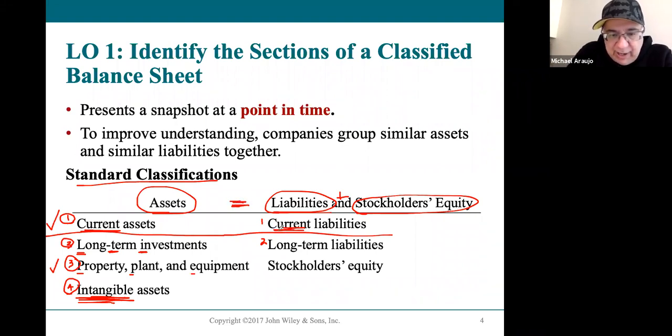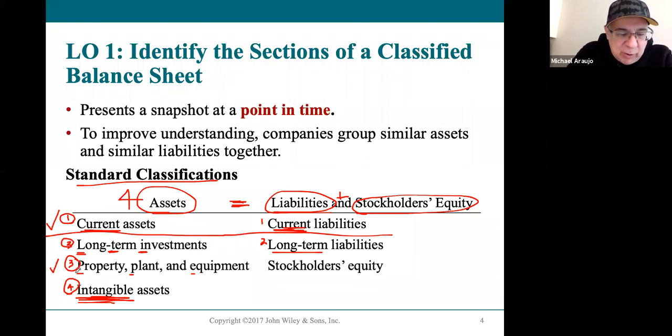So you look at the date on the balance sheet, compare it to the date when you owe your debt. If it's less than a year, it's a current liability. If it's longer than a year, it's a long-term liability. The wonderful news is there are no classifications of stockholders' equity. Lucky, lucky, lucky. So there are 4 classifications of assets that we just went over.